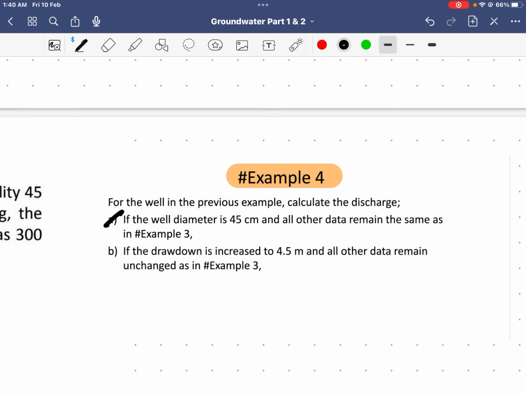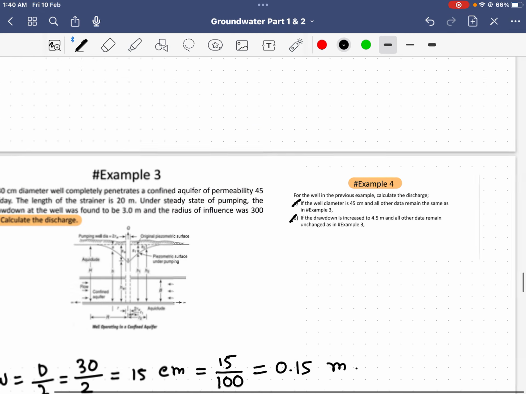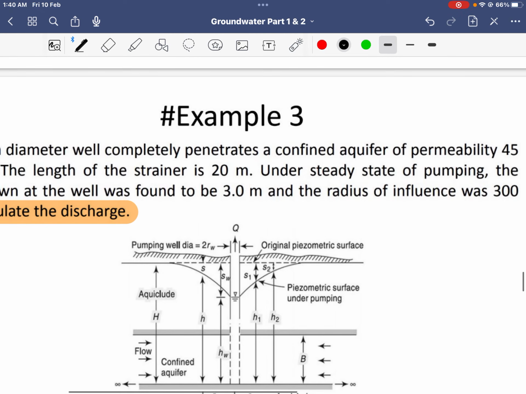Now I'm going to solve another question. Question: if the drawdown is increased to 4.5 meter and all other data remain unchanged as in example 3. Here I have to change the drawdown.